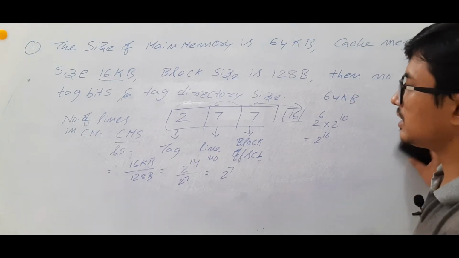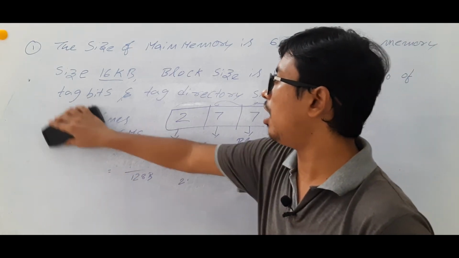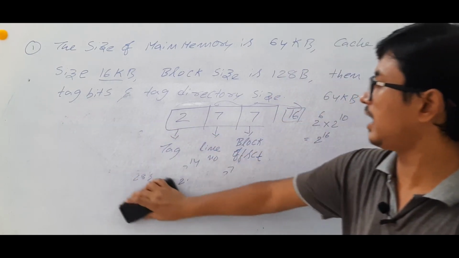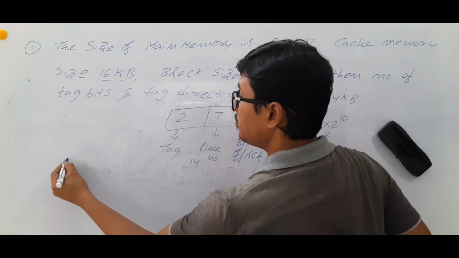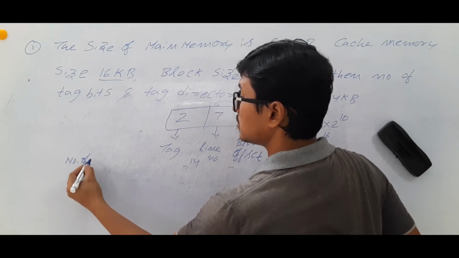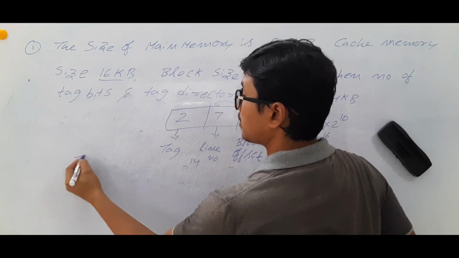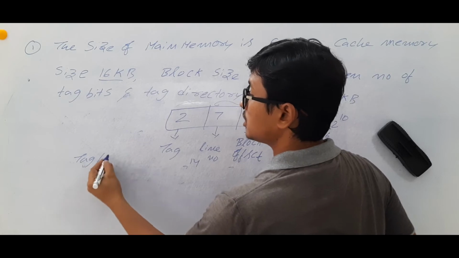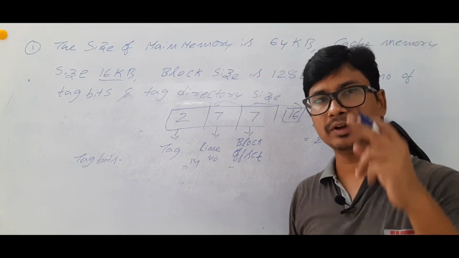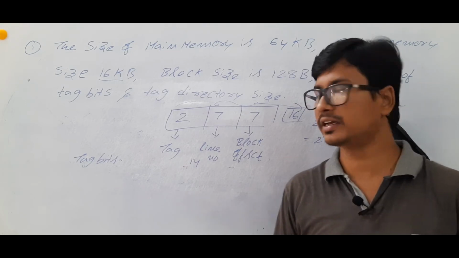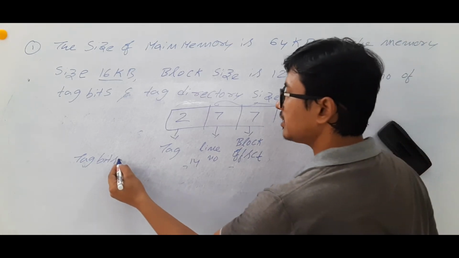You can calculate the tag bits like this, or another way you can directly calculate the tag bits. The number of tags is equal to the number of lines in the cache memory. Now we need to identify the tag bits.